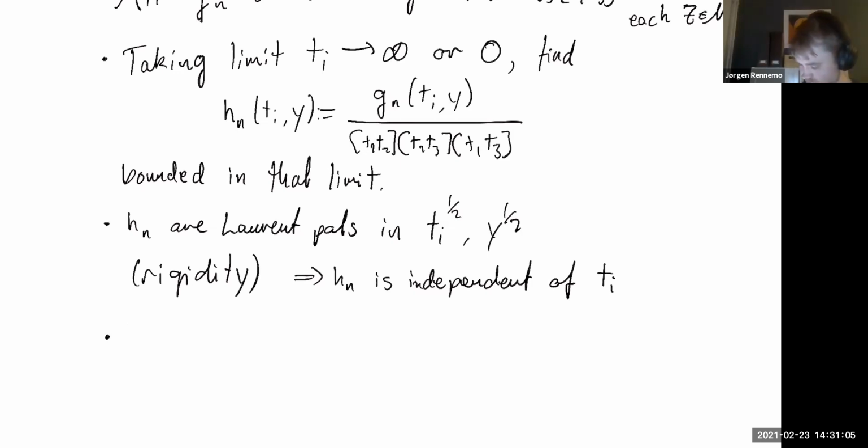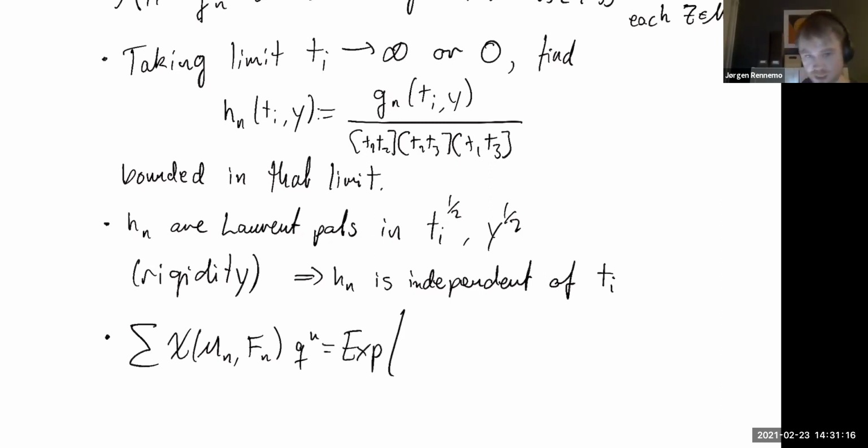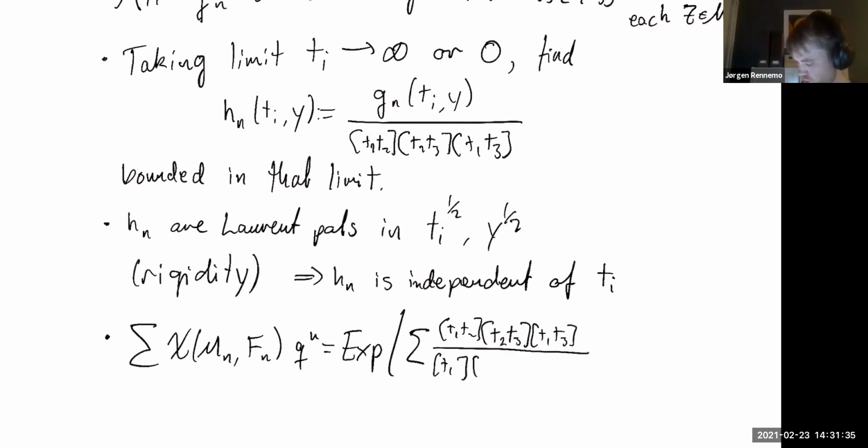We now have that the thing we wanted to compute, this generating function, is a plethystic exponential, where we've proven that the exponent almost has the shape we want it to have, except we have some yet to be determined Laurent polynomial h_n(y) q^n.